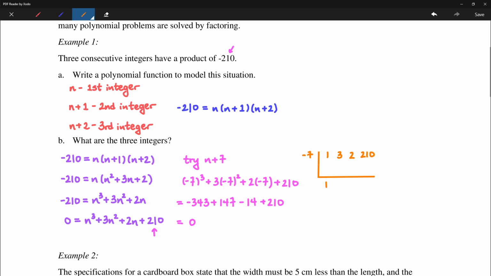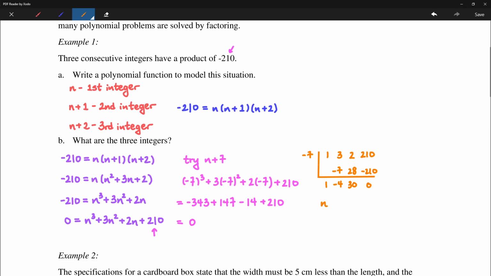So 1, and then negative 7 times 1 is negative 7. The sum in the second column is negative 4. And then we have a product of 28. The sum there is 30. And then negative 7 times 30 is negative 210. So that will give us a remainder of 0 as we expect.